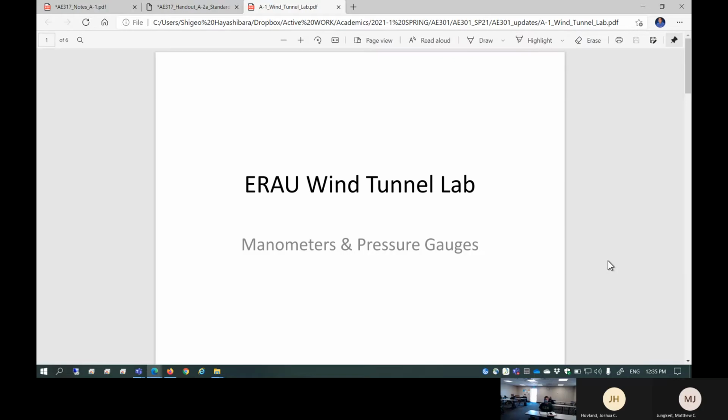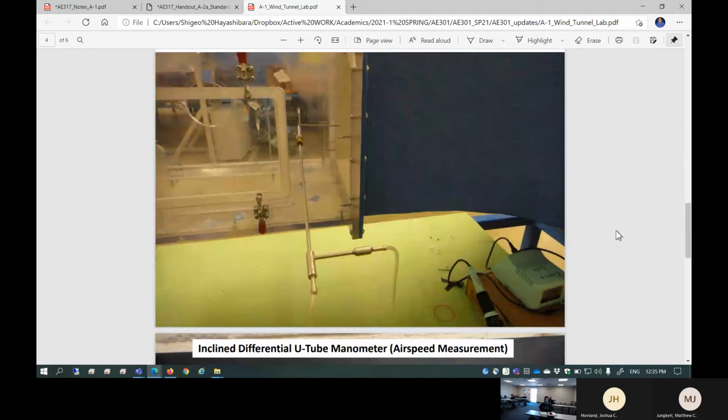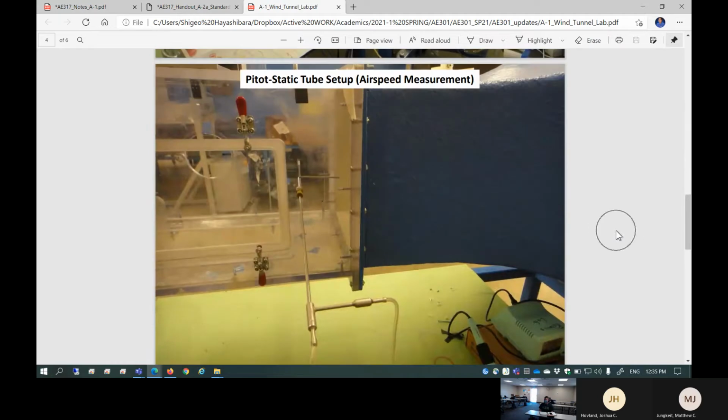You've seen this over and over in aero class, but the pitot-static tube in wind tunnel testing is this. You insert the pitot-static tube in the test section, with the center tube and side port, and those two are connected to a black box. Then you read off the speed: 5 inches of water.